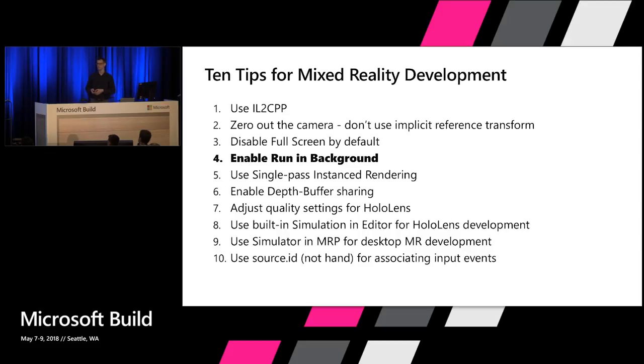So if you're debugging an application and you hit a breakpoint, essentially the mixed reality application says, hey, some other app has focus, I need to stop rendering. And so it'll pause rendering, which makes your application wonder, am I rendering or not? So there's a toggle you can set, which enables you to always continue running in the background, regardless of whether the app has focus. Now, that may not be what you want to ship with, but it'll make debugging a lot easier.